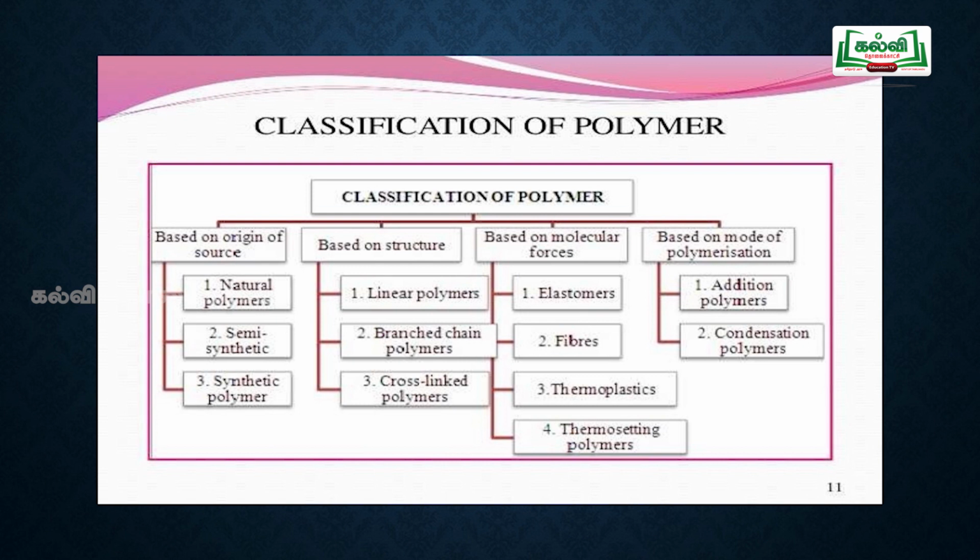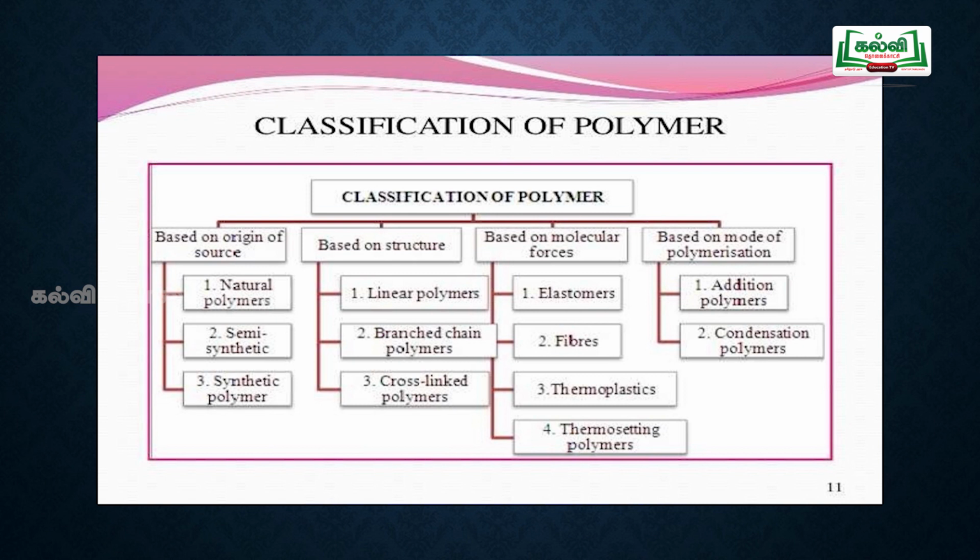Based on the origin of source, polymers are classified into natural polymers, synthetic polymers, and semi-synthetic polymers. Based on structure: linear polymers, branched chain polymers, and cross-linked polymers, also called network polymers. Based on molecular force: elastomers, fibers, thermoplastic, thermosetting plastic. Based on mode of polymerization: addition polymerization and condensation polymerization.